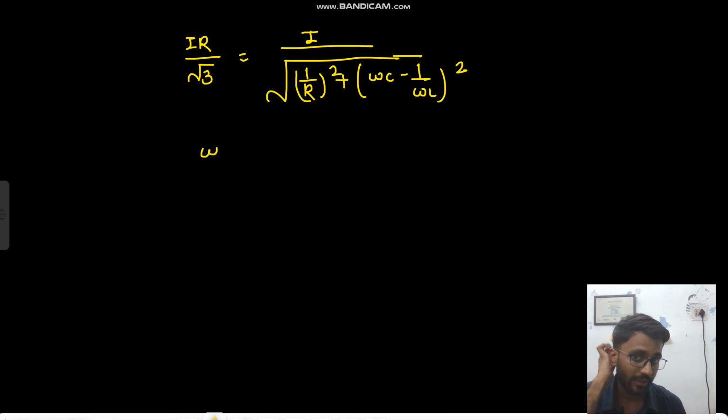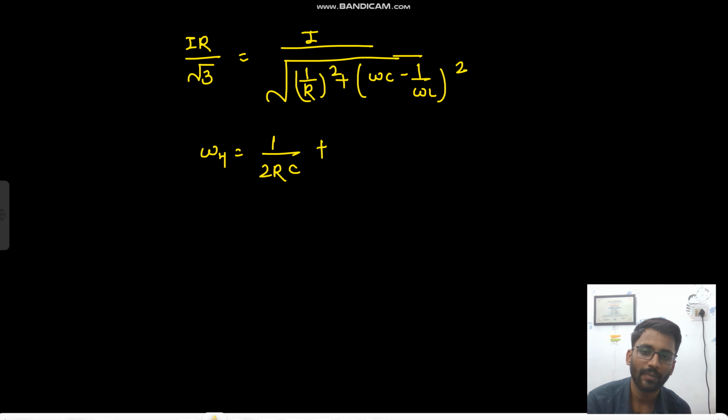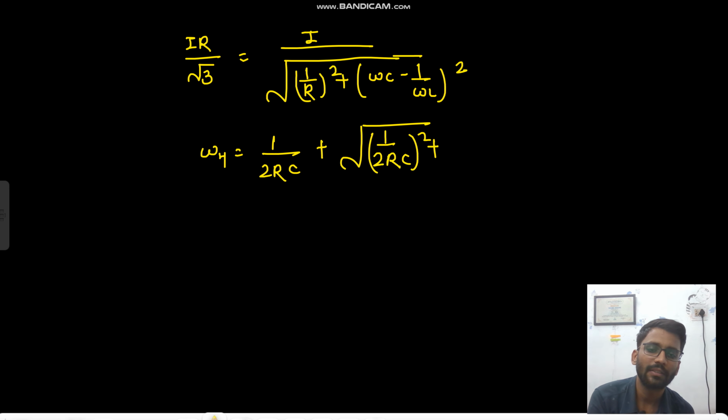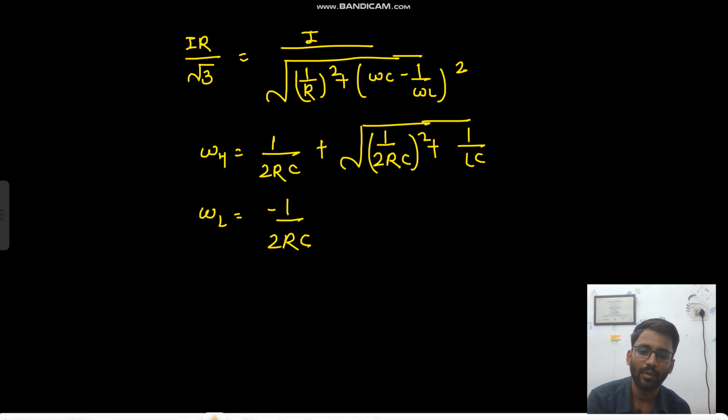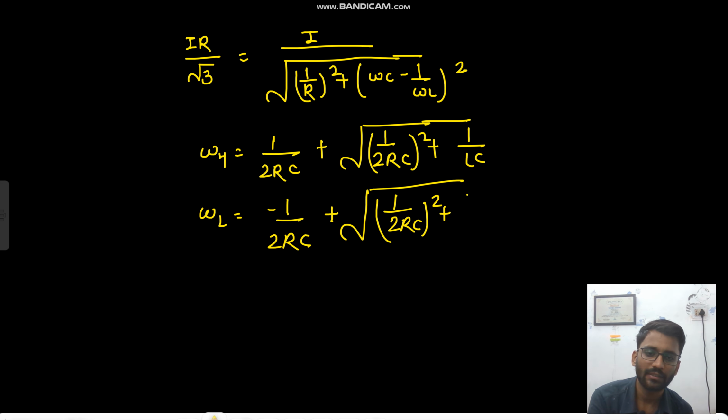So from here you will have omega H equals 1 by 2RC plus root of ((1 by 2RC) whole square plus 1 by LC), and your omega L will be equal to minus 1 by 2RC plus root of ((1 by 2RC) whole square plus 1 by LC).